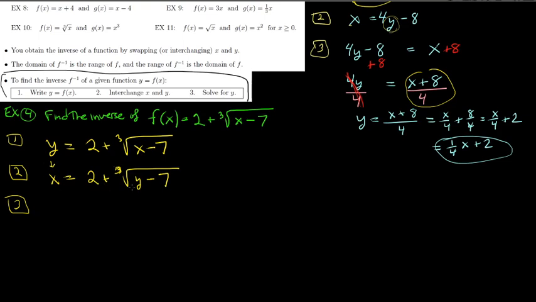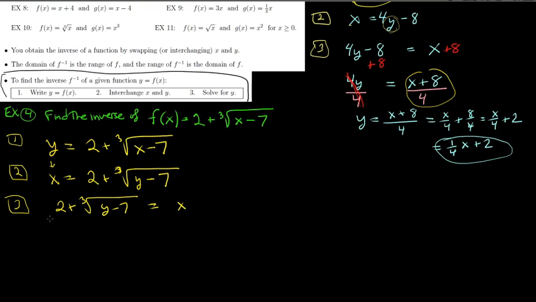So now we have to solve for this y here. Okay, so let's get the y on the left. So let's just switch sides here. We have 2 plus the cube root of y minus 7, and that just equals x. Okay, so you can see in some sense we have to sort of undo the cube root.